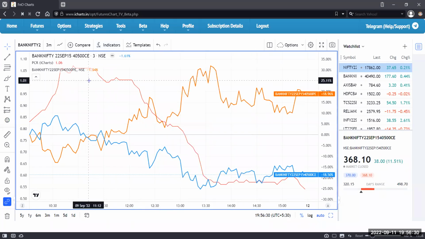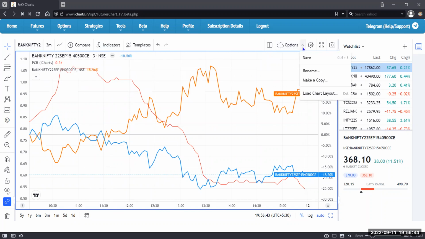Sir, can you please plot it on the Bank Nifty future, because it is not matching with mine actually. Sorry, can you please plot PCR on Bank Nifty future? Bank Nifty future, let me go there.